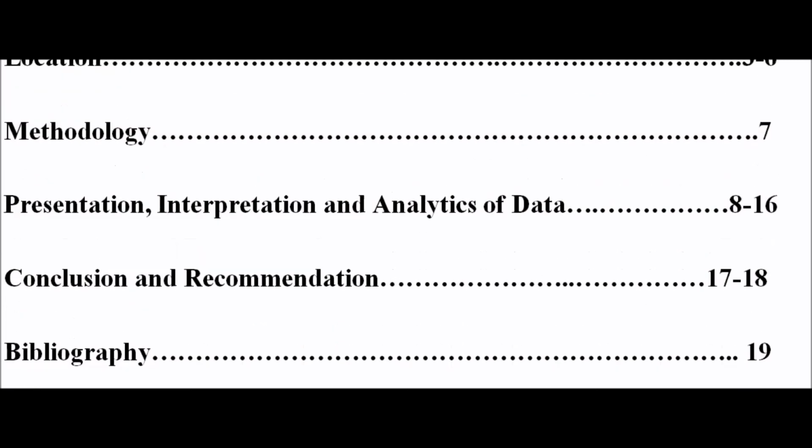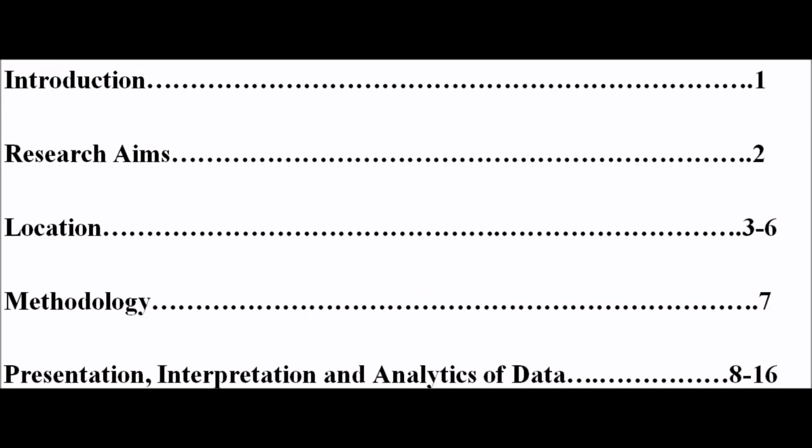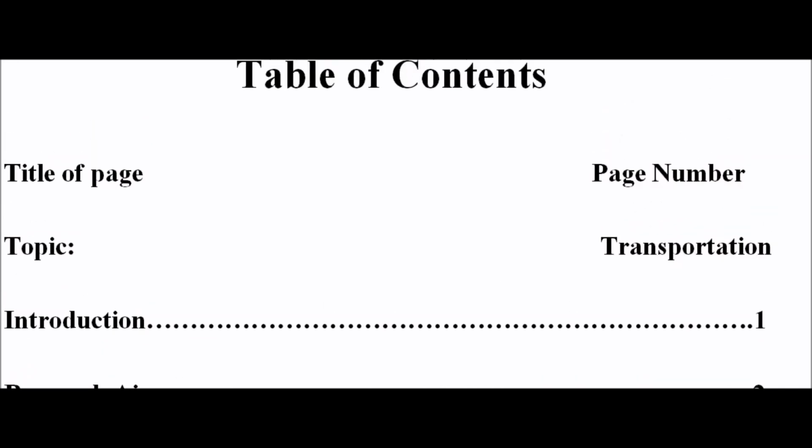Right at the top, you would have table of content. Under page title, you would have the introduction, the aims, the methodology, presentation of data, all of that. Under page number, you would have the actual number that the different section falls under.